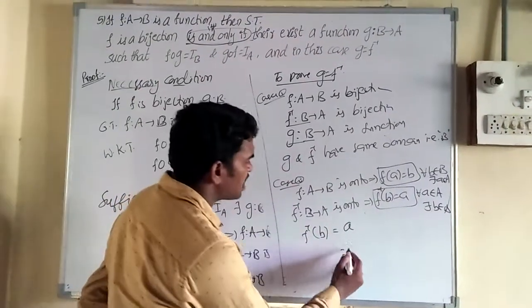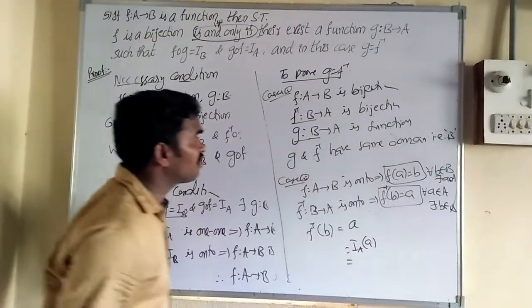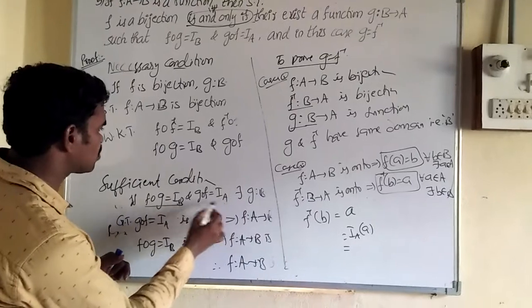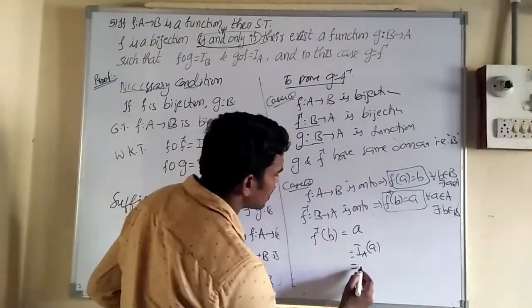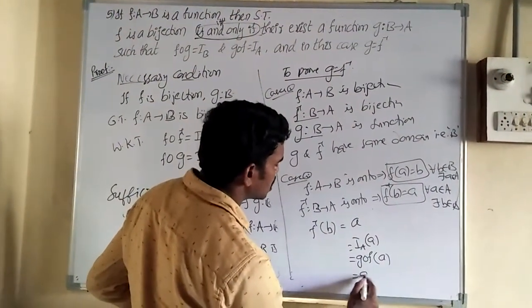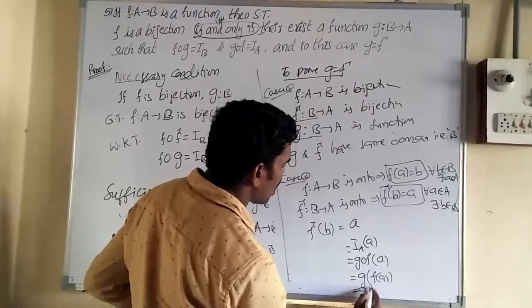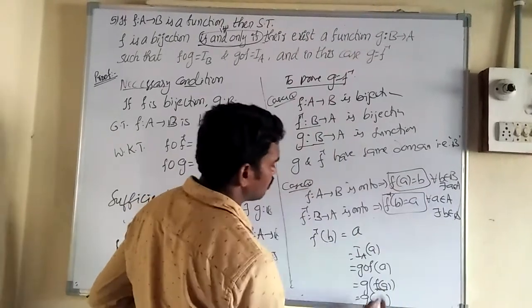a means what? Identity function I_A of a. I_A means g circle f. So instead of I_A, I am writing g circle f of a, which is equal to g of f of a. f of a means what? b.